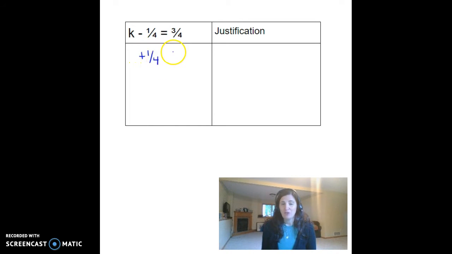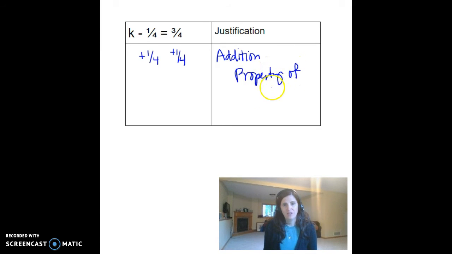And remember, whatever you do to one side of the equal sign, you have to do the other side to keep everything equal. And what we did that was equal to both sides was we added. So our justification is the addition property of equality.